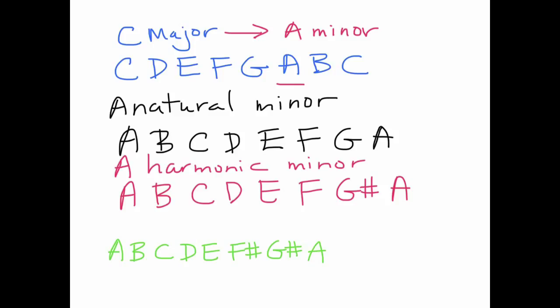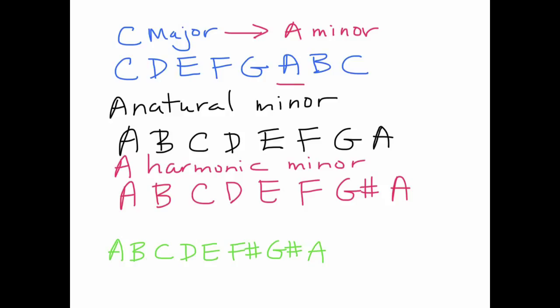So that sounds pretty good. It sounds more melodic. But now let's listen to it going up and down. So it sounds pretty good going up, but coming down it sounds pretty strange.